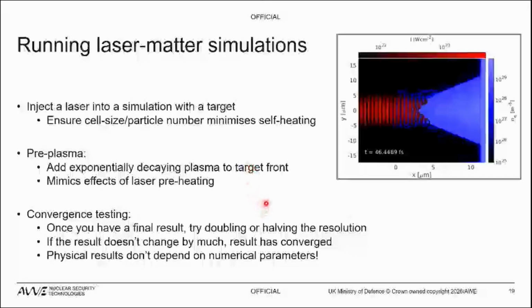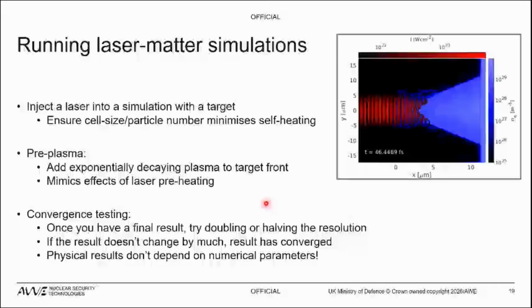And to be sure, because as you're probably aware of by now, there's a lot of hand-wavy stuff going on here in terms of, oh, the self-heating is probably fine. The pre-plasma is probably fine. What you can do is try convergence testing your final result. You can run your simulation, one set of diagnostics, one set of simulation setups, and then try increasing the resolution.